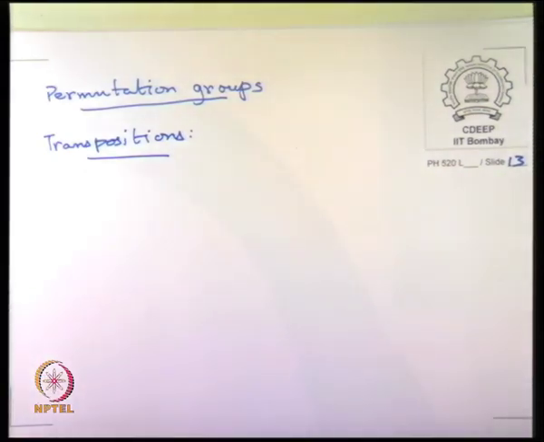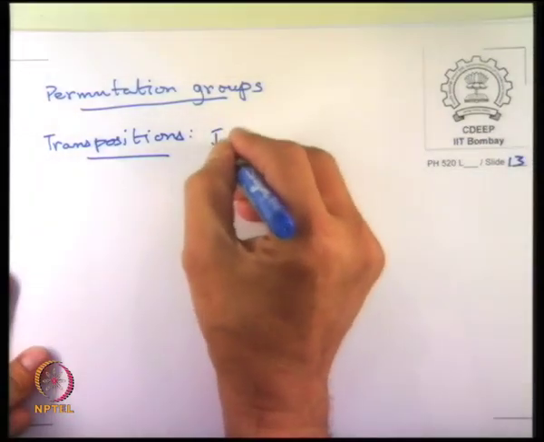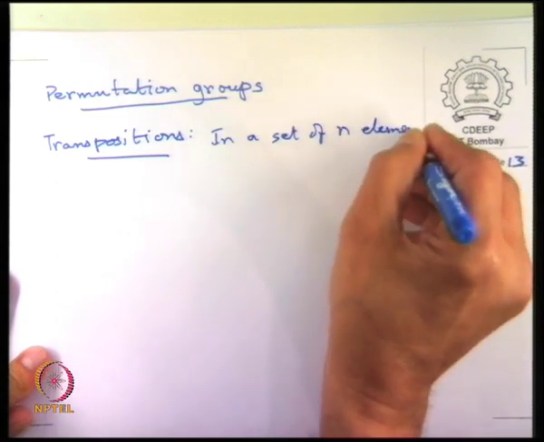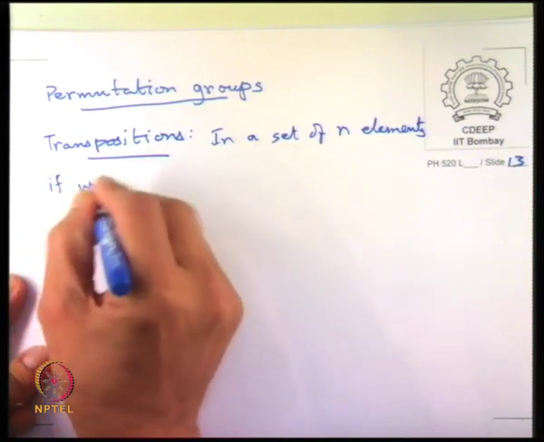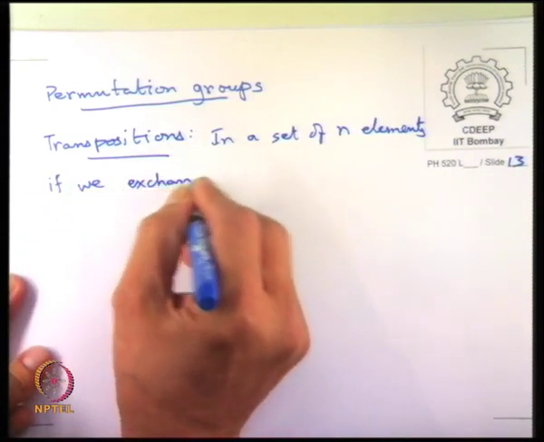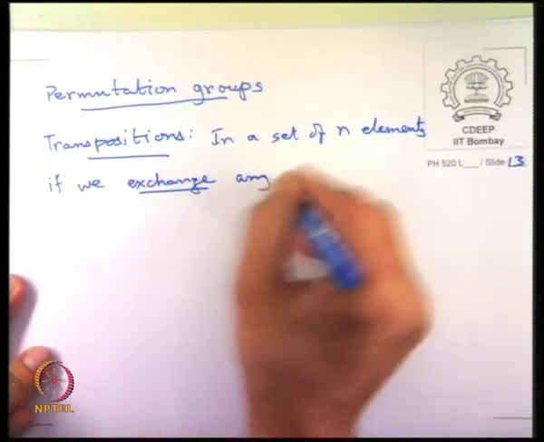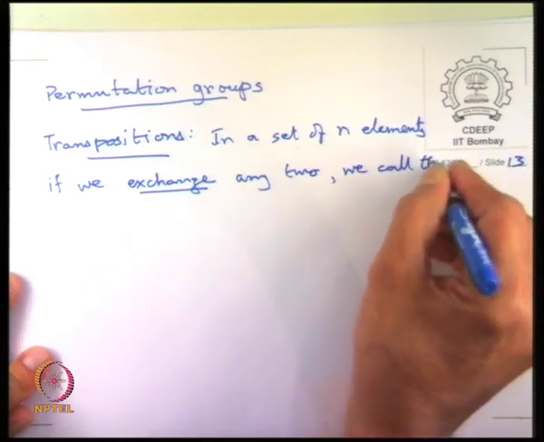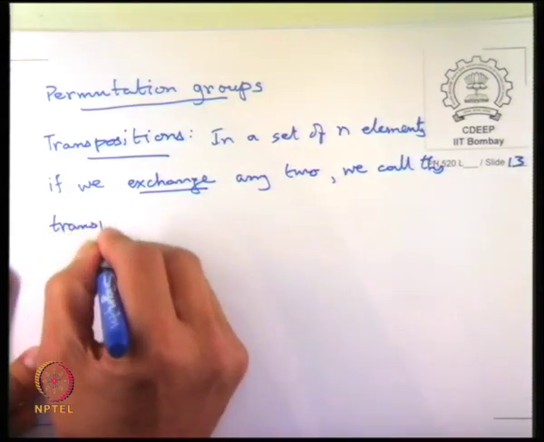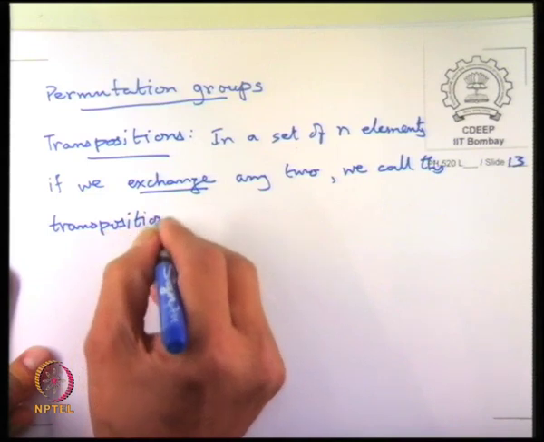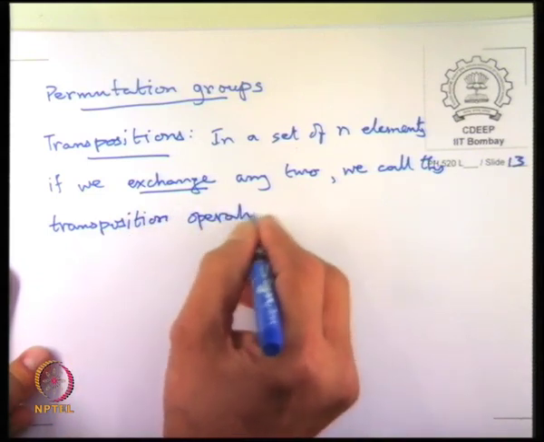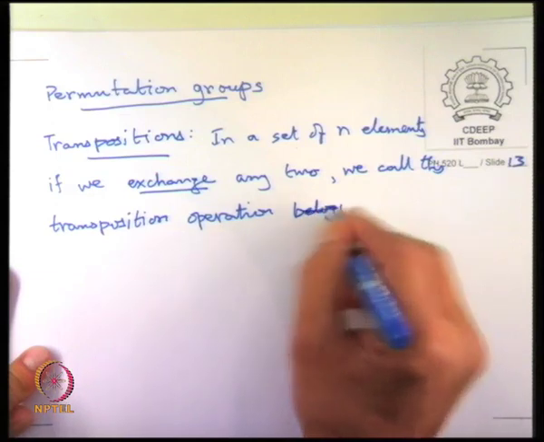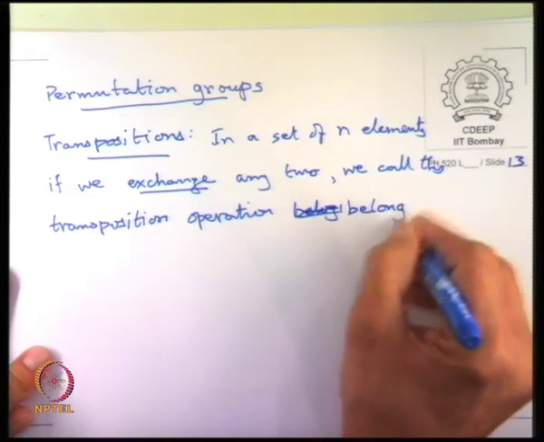If we exchange any two elements in a set of n elements, we call this operation a transposition, belonging to Sn.